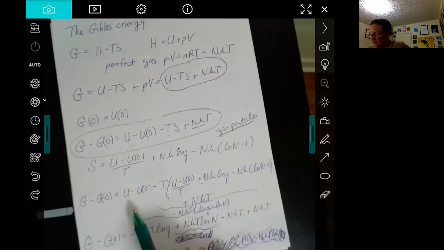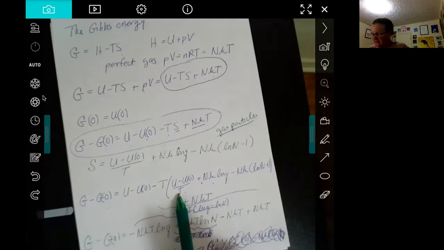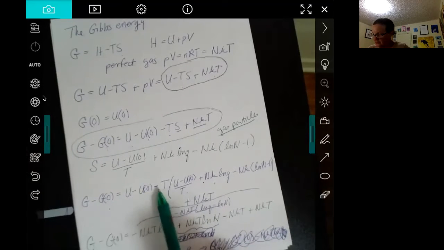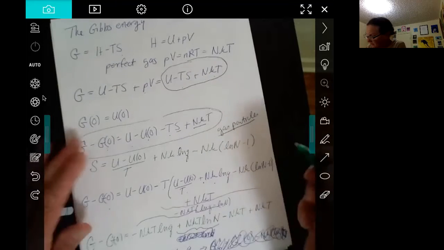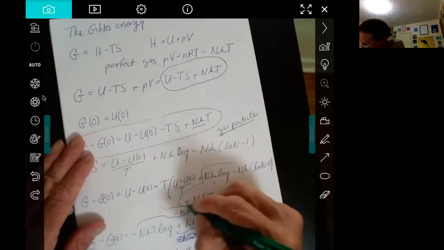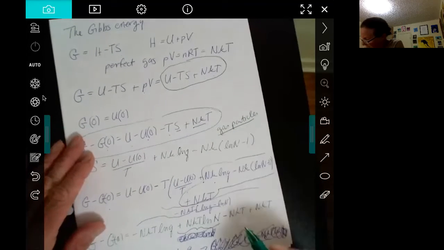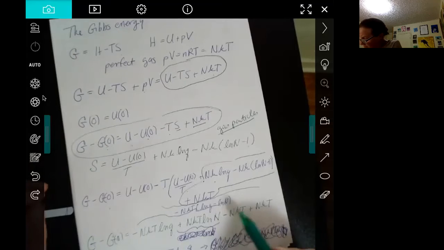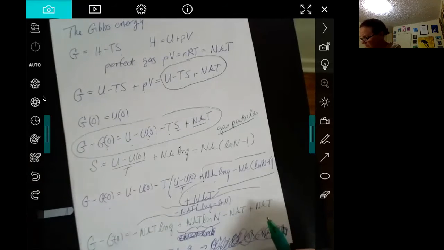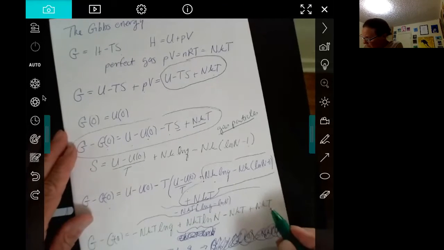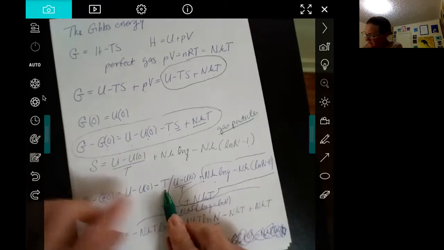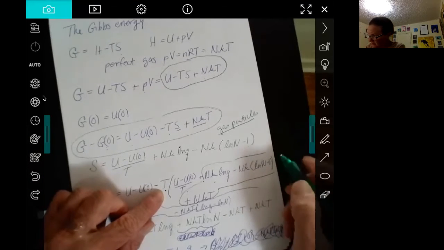So now the T over T cancels, and this term will subtract this term. So all we'll have left are those terms, and we're going to group them together. Because you have a T here, we're going to multiply through by T and group them together.